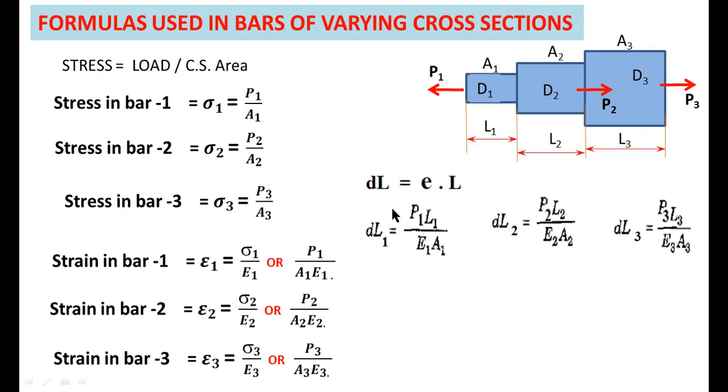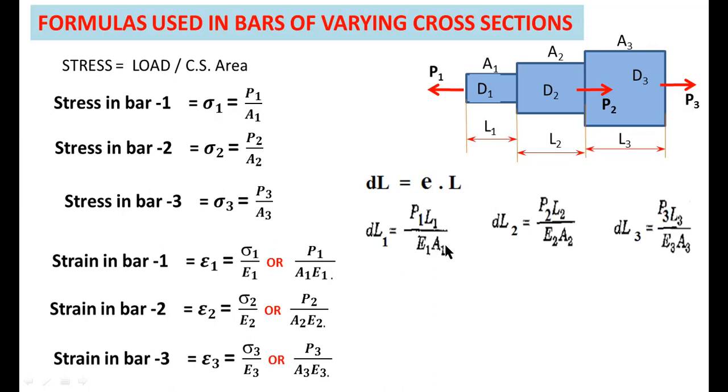Delta L1 is the change in length in bar 1, delta L2 is the change in length in bar 2, delta L3 is the change in length in bar 3. This is the formula for change in length. Change in length is obtained from strain equals delta L by L, so delta L equals strain into original length. From this formula, these are the individual deformations.